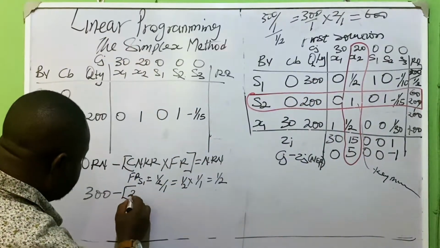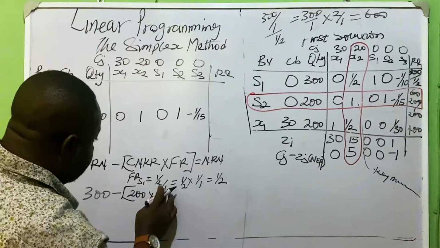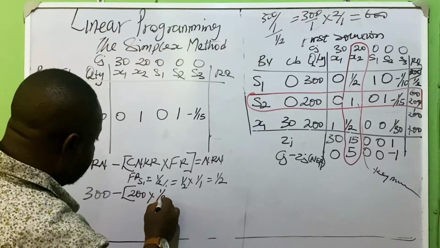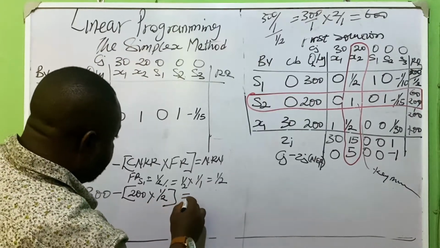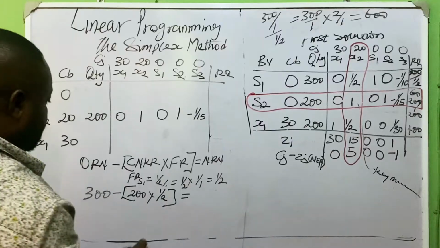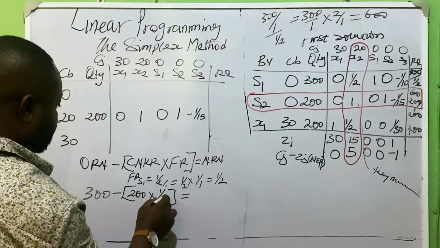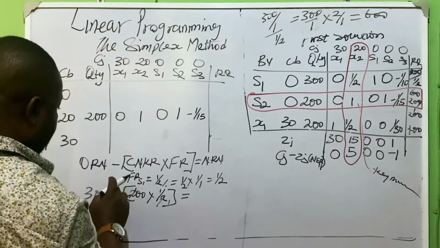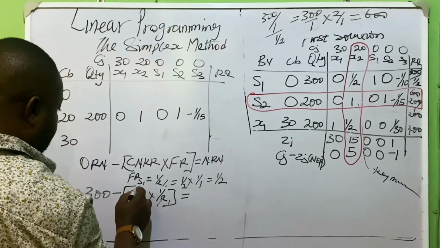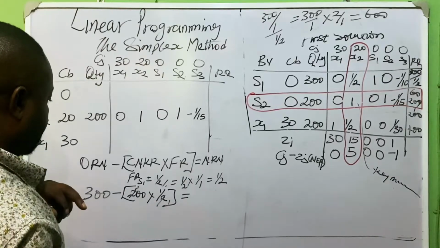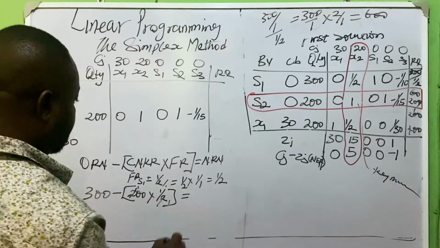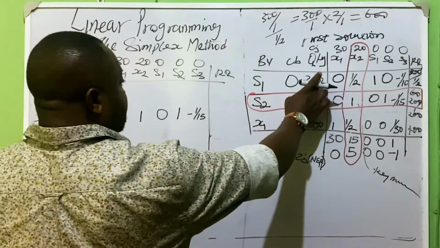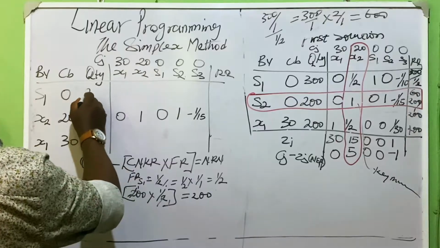So I'm going to have 200 here multiplied by the fixed ratio, which is 1 over 2. Whatever we have will be our new row number. So 2 goes to this is 1. So 300 minus 100 will give me 200. So in place of this 300, 200 should take.